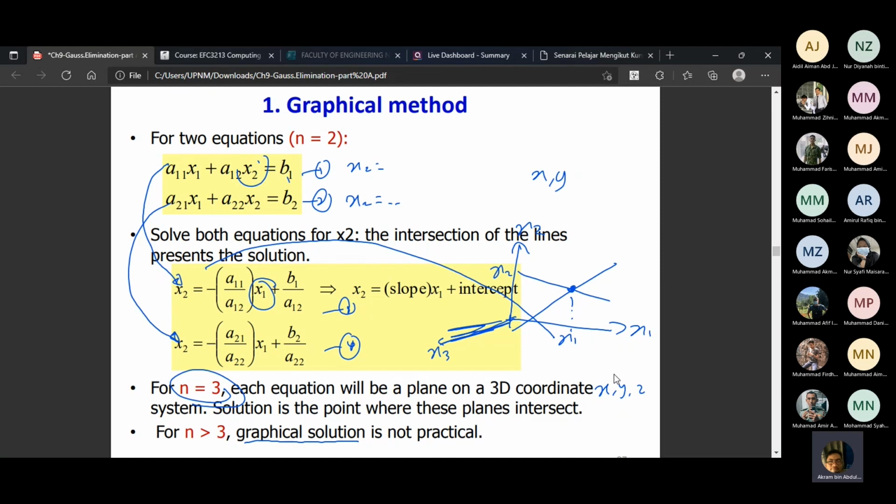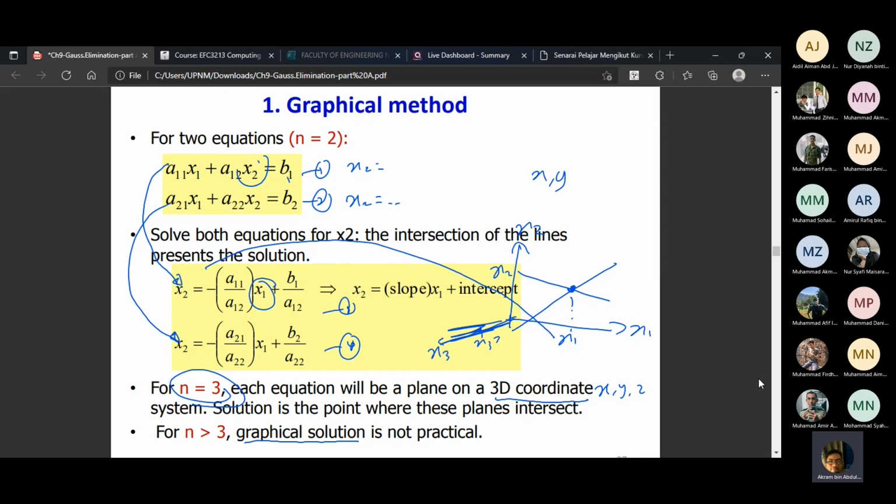So in this case we need to use 3D coordinates lah. So kita plot, kita akan cari setiap garis lurus tersebut, and then we find the intersection point. So kita akan dapat intersection point, dia akan bagi satu lagi maklumat dekat mana nilai X3.